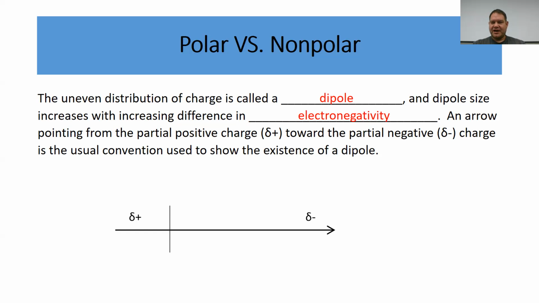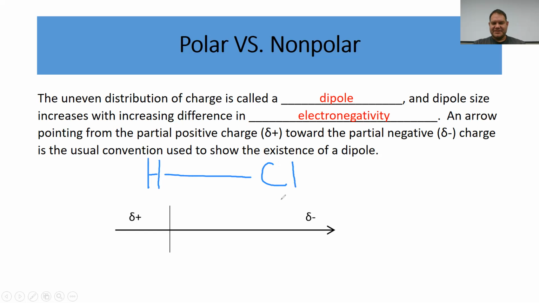Okay, so how do we represent a dipole? Well, we're going to use an arrow notation to do so. So let's go back to looking at our hydrogen and chlorine. Our hydrogen is way over here, and our chlorine is way over here, and this is a long covalent bond.